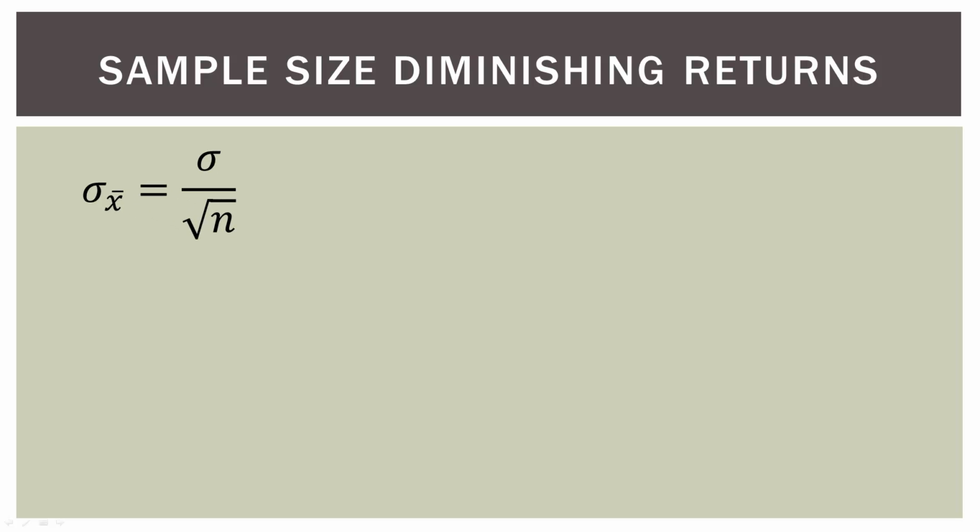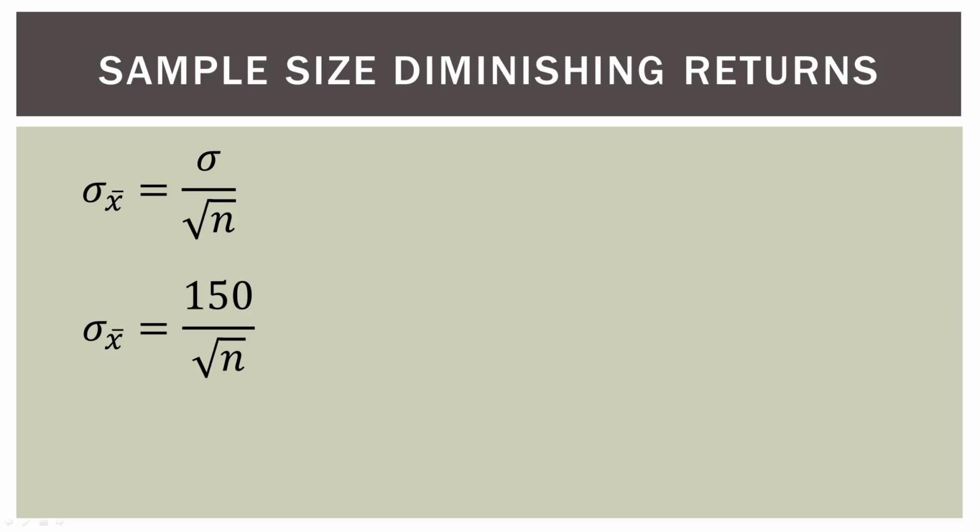So remember, the expression for the standard error of the mean is this. Standard error of the mean equals the population standard deviation divided by the square root of the sample size. Now in this case, the population standard deviation was given to us. It was 150, which we've already seen several times.